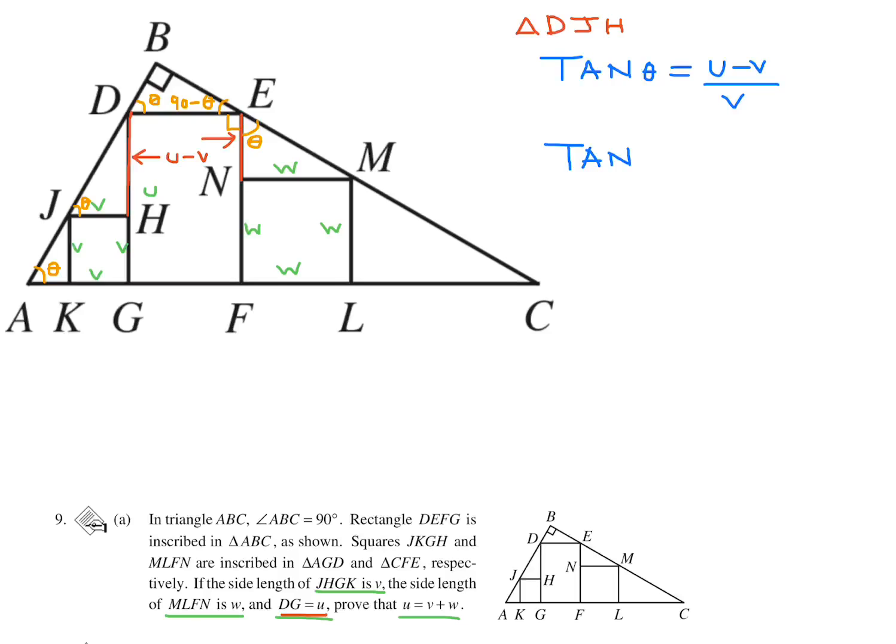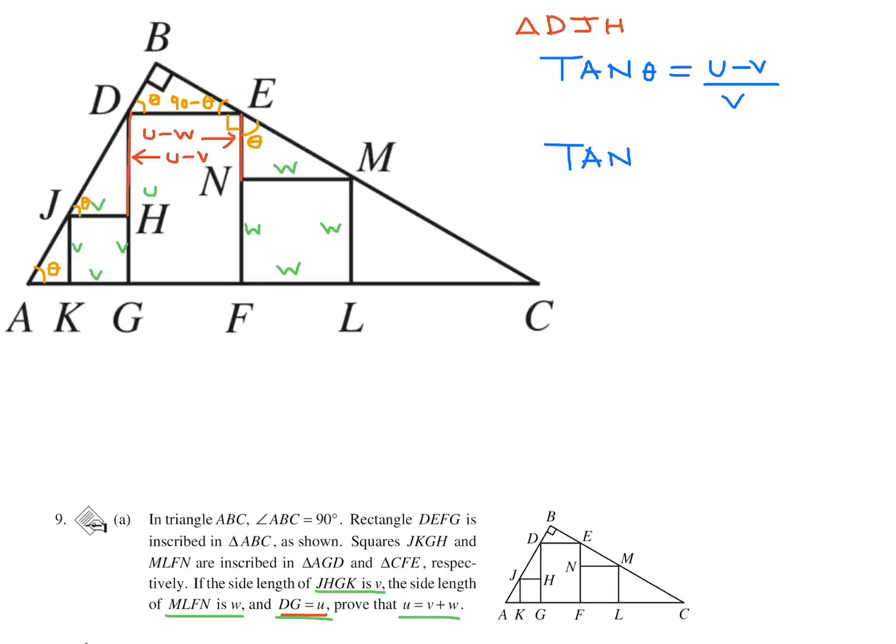Well, from top to bottom, from E to F, that whole thing right there is U, correct? Because it's the same as DG in terms of its length. And from N to F is W. So therefore, E to N is U minus W, like that.